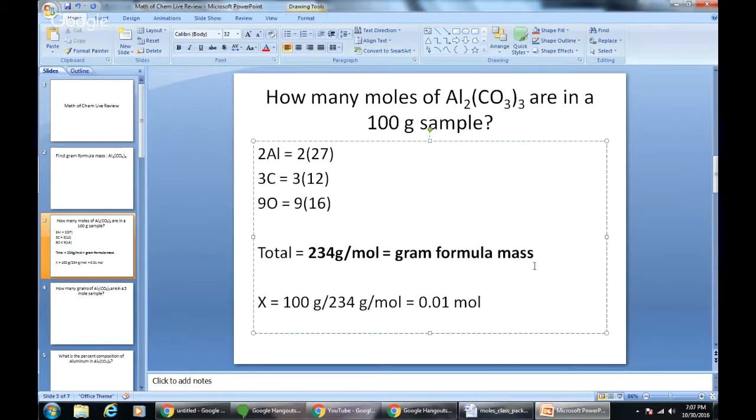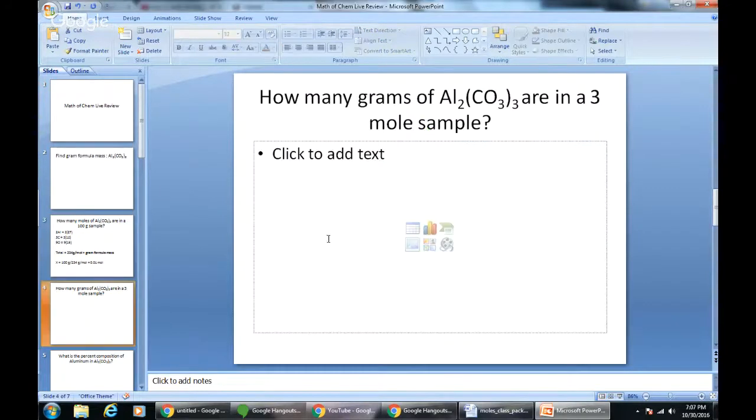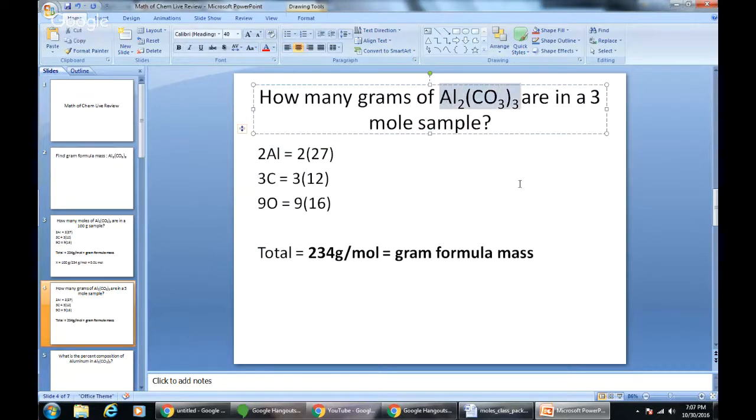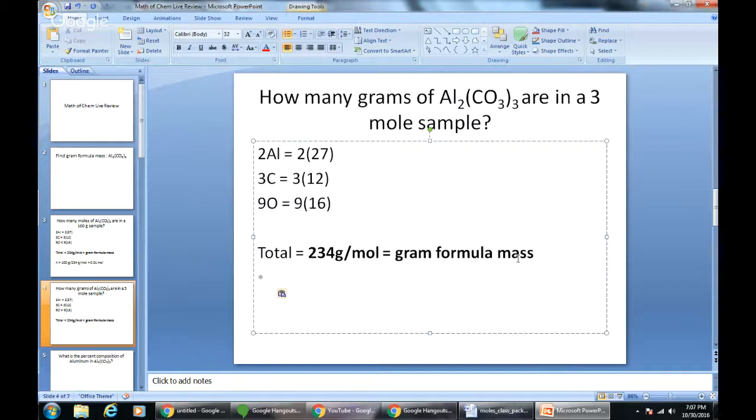So you need to remember that the gram formula mass for aluminum carbonate is 234. So I'm just going to carry that along with me. All right, how many grams of aluminum carbonate are in a 3 mole sample? So we're going to use a mole formula again, and that's number of moles is equal to given mass over gram formula mass.